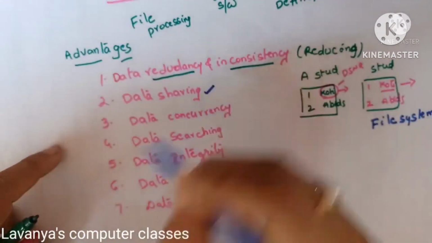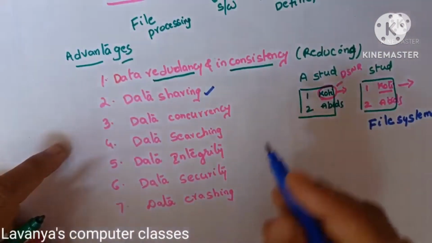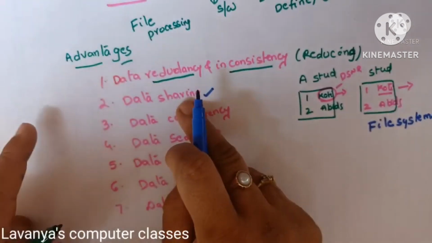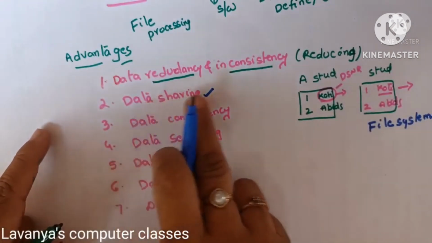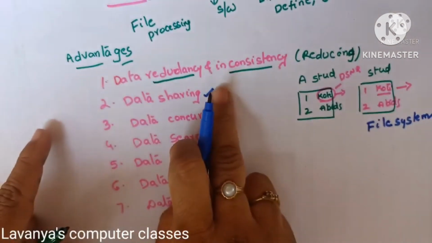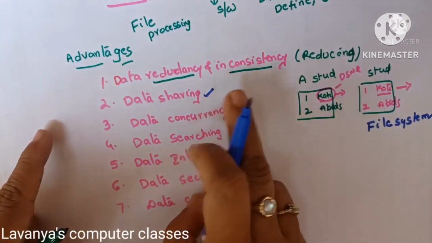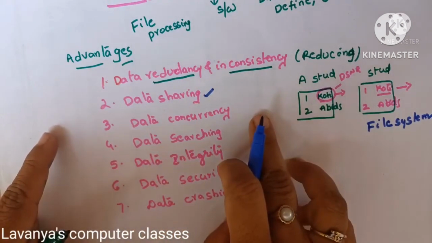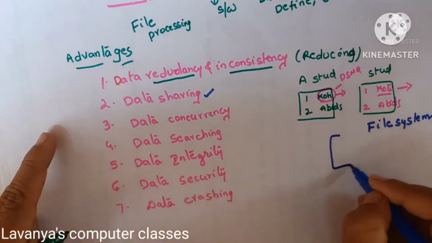Second one is data sharing. In the definition I said what the file system is. In this, each and every file maintains its own information. There is no relation to other files. That means only one table is stored in one file. There is no sharing. But DBMS is not like this. It is a centralized database.